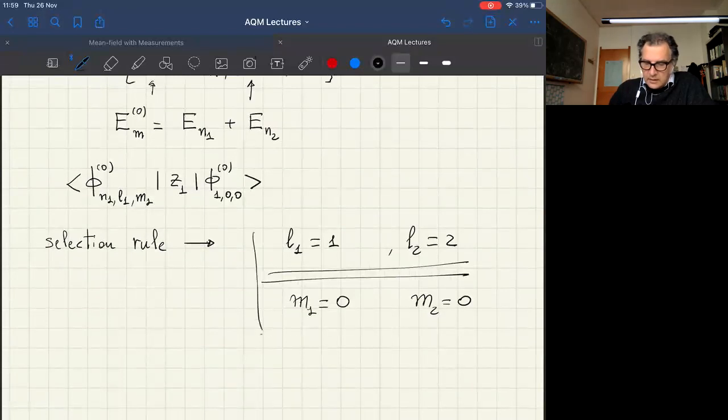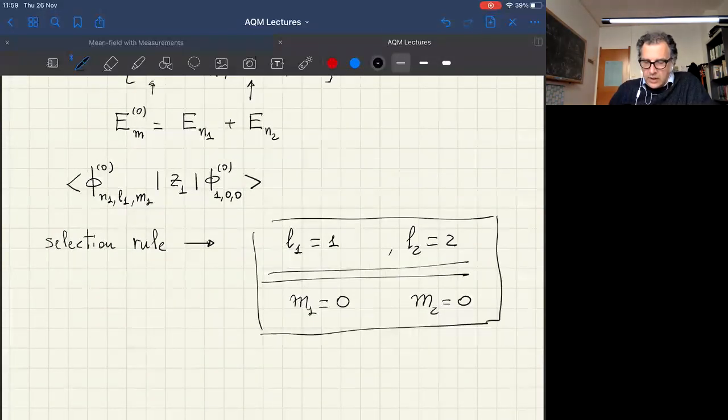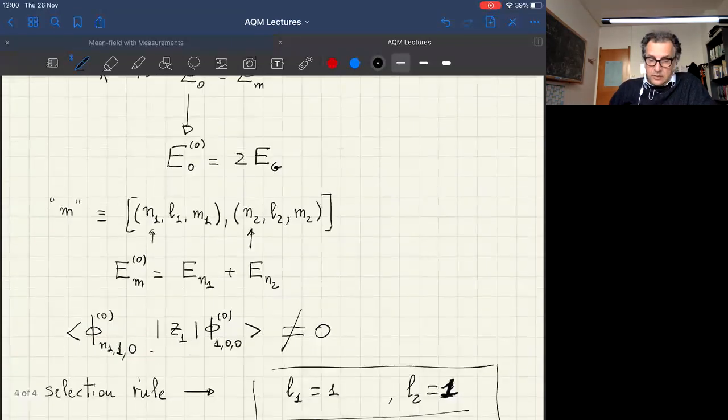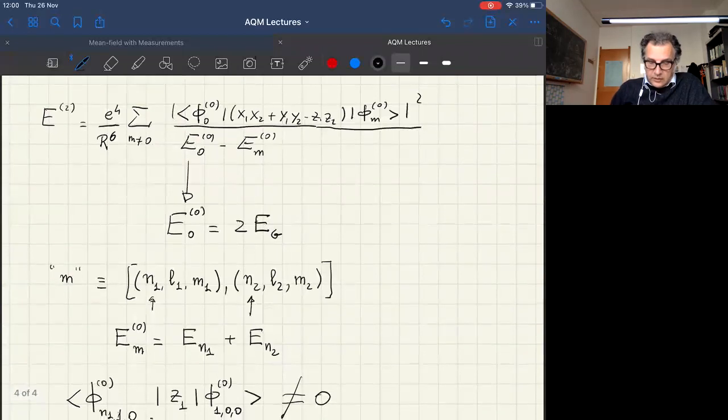This means that only the matrix elements in which l is 1 and m is 0 for both will be different from 0. All the others are 0.